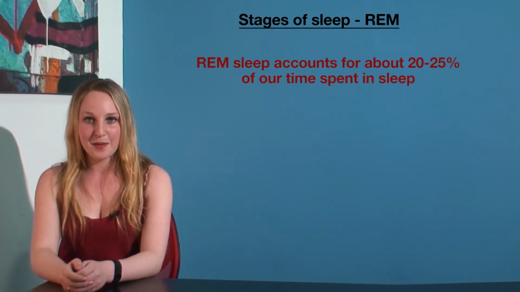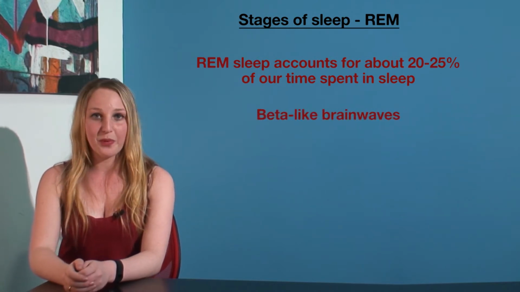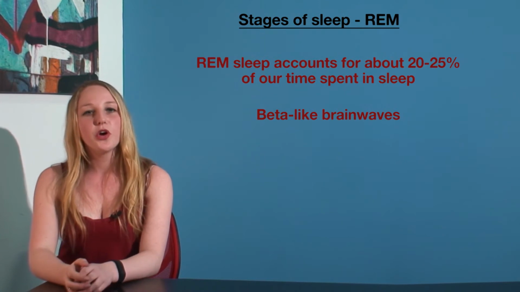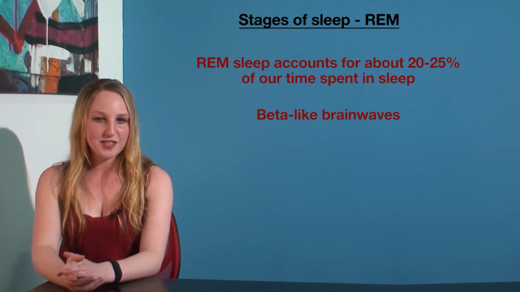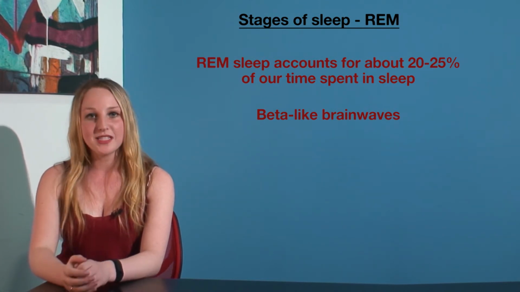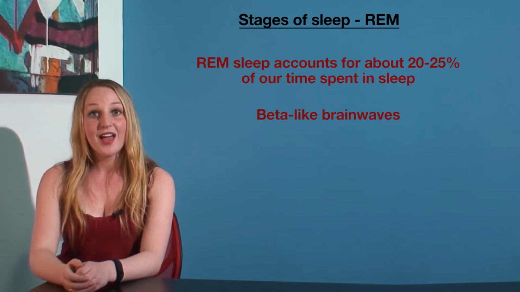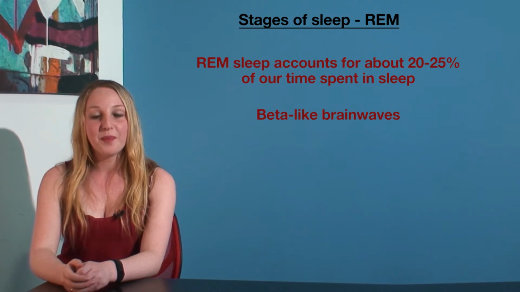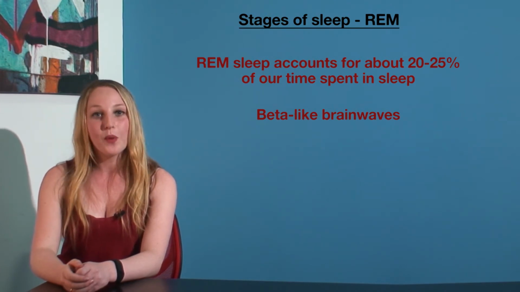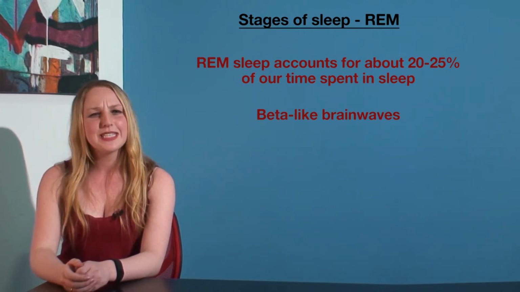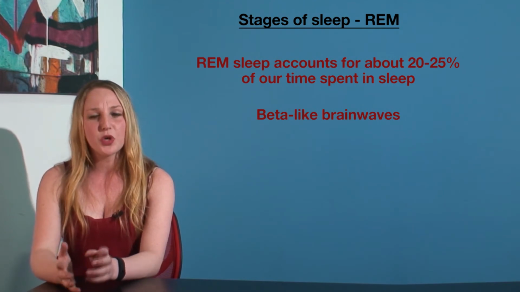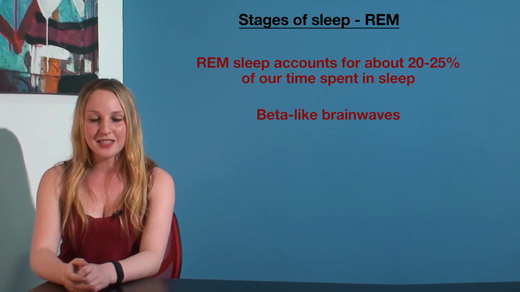During REM sleep, we tend to have beta-like brainwaves. Now, note that these aren't exactly beta brainwaves, but they are quite similar due to their high frequency and low amplitude. As we know, we tend to have beta brainwaves during normal waking consciousness, so it seems strange that the brain would be so active during REM sleep.